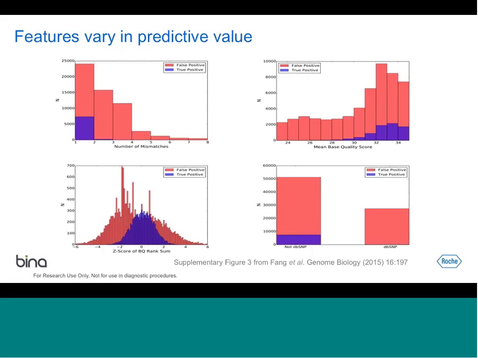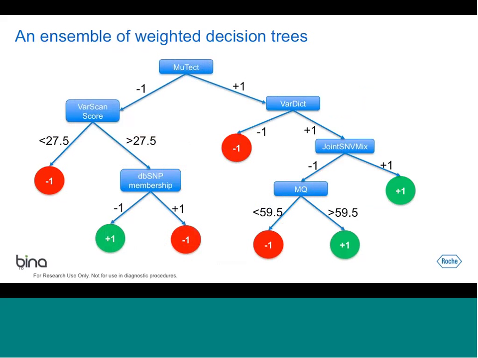The machine learning algorithm will use each of those 70 features and generate an ensemble of decision trees, and each decision tree is used to classify a call. Here I'm just showing an example of the highest weighted decision tree in the classifier that is built based on DREAM Challenge SNV call sets.